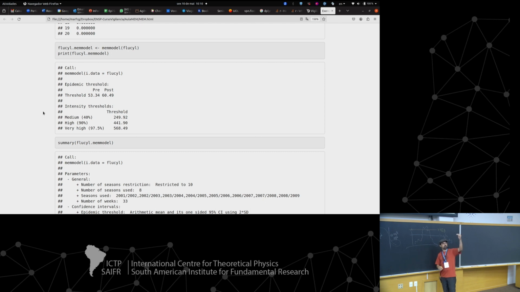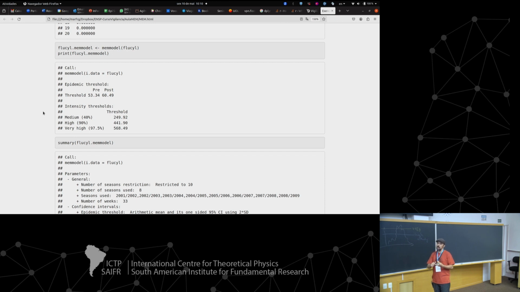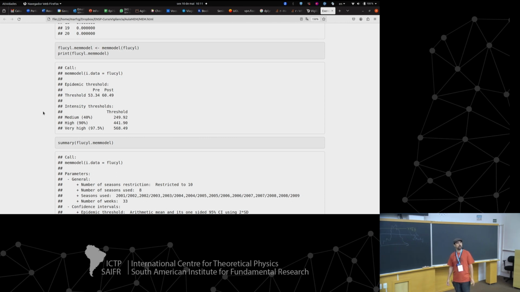Even if my peak is not too high, but I had several weeks of a large number of observations, the impact of that, not only on the health of our population but also in terms of medical resources, is already high. So this is important for me to classify it as a high activity season. Okay? This is how those two thresholds are used by the European CDC surveillance for influenza. Okay?